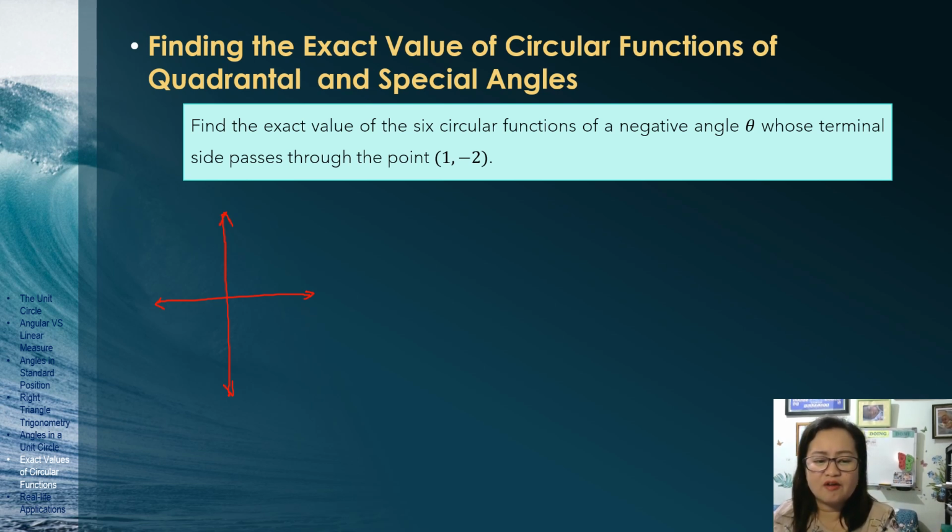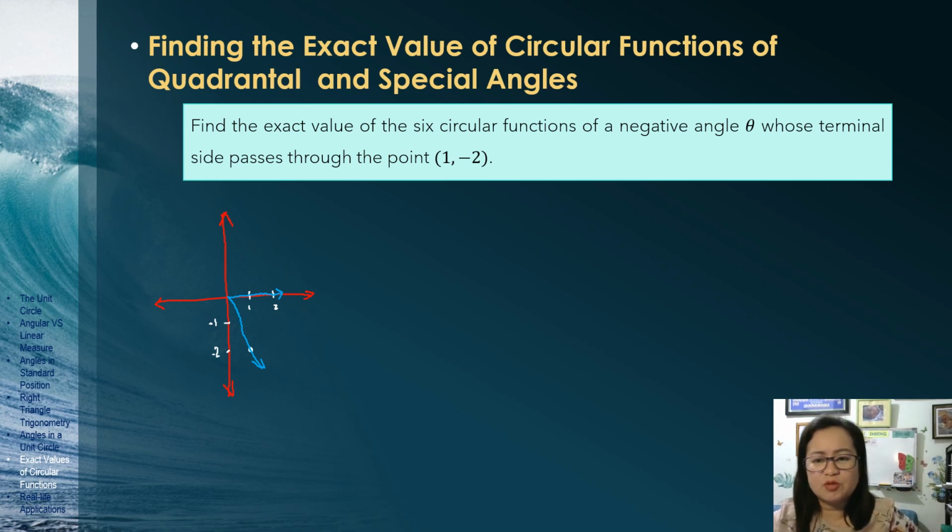So let's say we have here 1, 2, then here we have -1, -2. So 1, -2 is the point with coordinates 1, -2. So we draw the angle. This is the terminal side that passes through the point 1, -2.